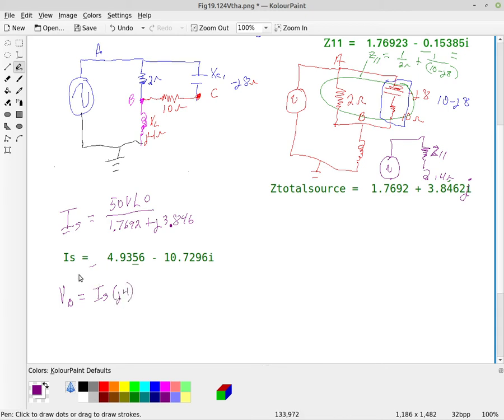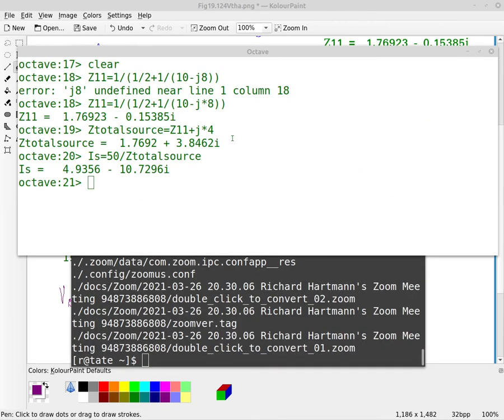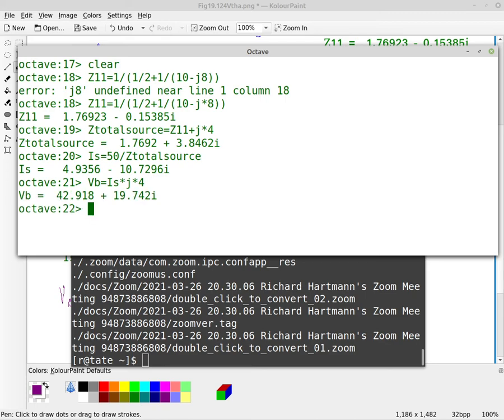Remember, this is an inductor, so the current is going to be lagging behind the voltage. The voltage is going to be 90 degrees ahead of that, and that's what that J is telling us. So the voltage VB is equal to IS times J times 4, and so we get this 42.9 volts.